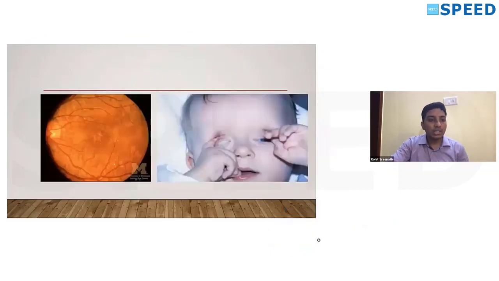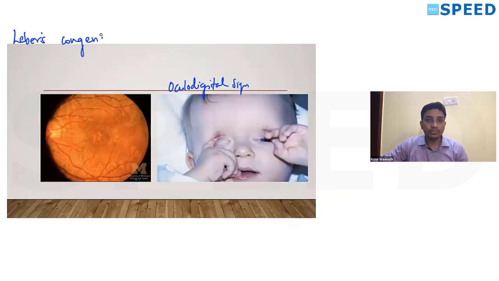Okay, so this is another important disease. Remember, this reflex is known as the oculodigital sign. This is a feature of Leber's congenital amaurosis. Remember, Leber's congenital amaurosis is an important cause for salt and pepper retinopathy.